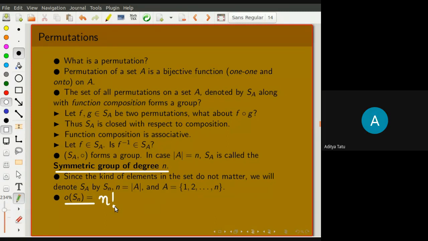How many permutations are there of a set containing n elements? That's n factorial, but you do need to show that, and it's not very difficult to prove. So first element, how many ways are there to place this? n. The second one? n minus 1. And so on, until the final one. That is why it is n factorial.